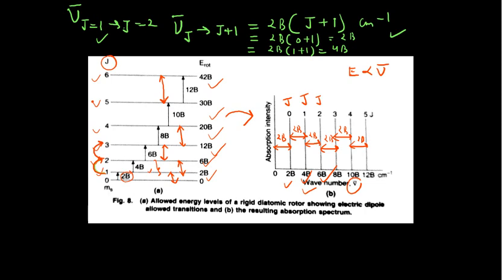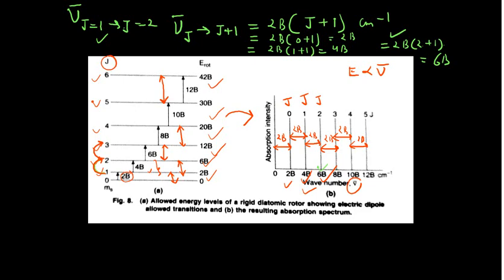If you put the J value of 2, that means 2 plus 1 is 3, 3 twos are 6, so it is 6B. So this is how you get this 6B, this 8B, all these things. This is something very, very important.